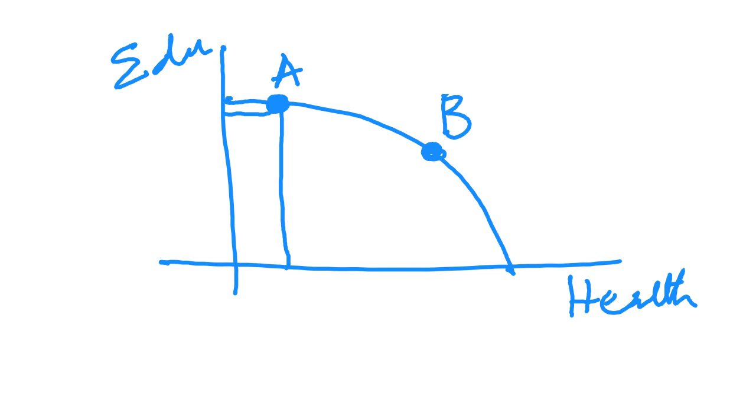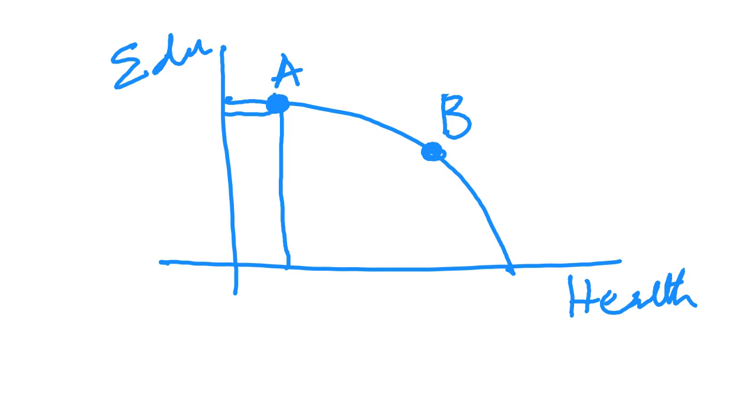Because point B lies on this line. Similarly, point A also lies on the same line. So all those points that lie on this curve are all efficient. So there's no problem of productive efficiency. We have productive efficiency at point A, and we have productive efficiency at point B as well.